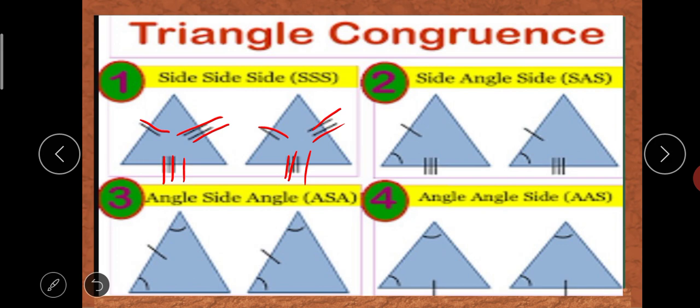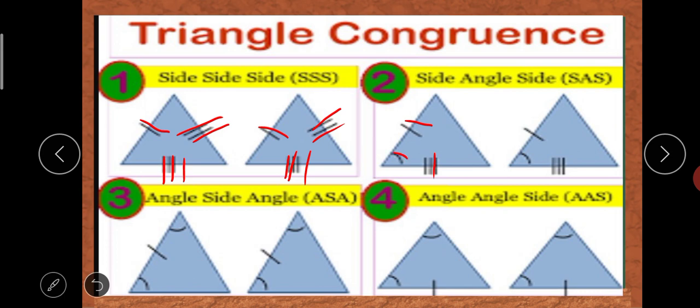Next one, side, angle, side. Two triangles are congruent if two sides and the angle included between them in one triangle are equal to the corresponding two sides and the included angle of the other triangle. Here we see that two sides are given, this one and this one, and one angle is given.